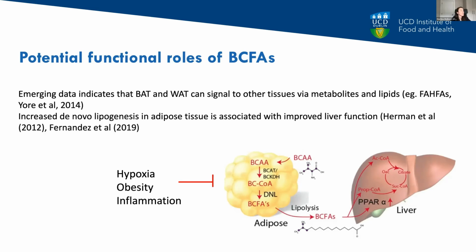And finally, there are a lot of papers showing now that increased de novo lipogenesis in adipose tissue, which would increase branched-chain fatty acids, is associated with improved liver function and vice versa. So if you inhibit de novo lipogenesis in the adipose tissue, it has a detrimental impact on liver function. This is something we're trying to follow up at the moment to see if they might play some kind of signaling role between the adipose tissue and liver.